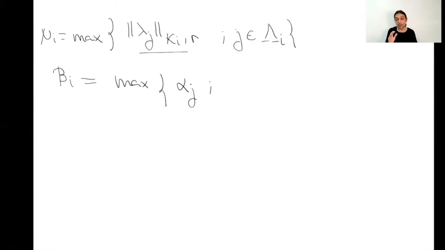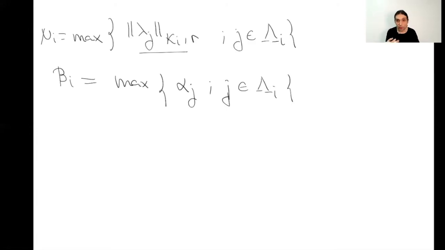The alphas we didn't define yet, but even so, if we consider any family of alphas, we can define other constants as functions of them. In this way, we are defining beta I as the maximum of the alpha j's when j belongs to lambda I. Since lambda I is finite, this is well defined too.